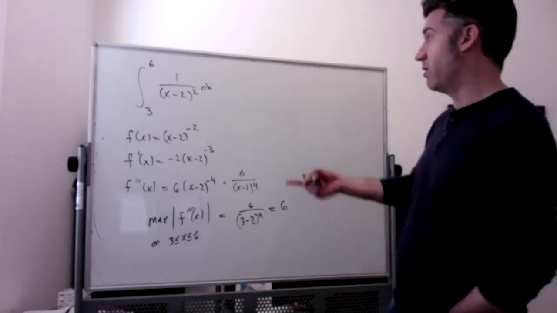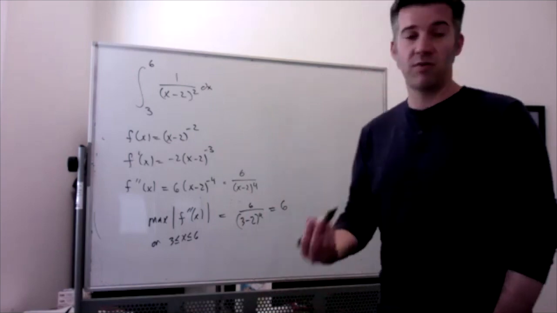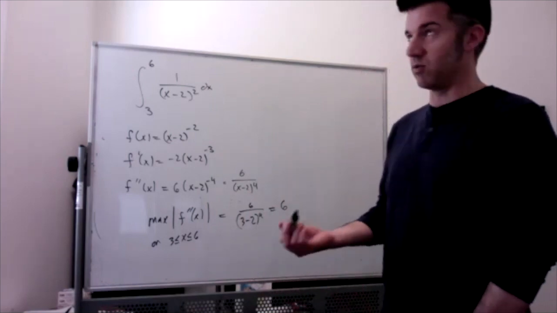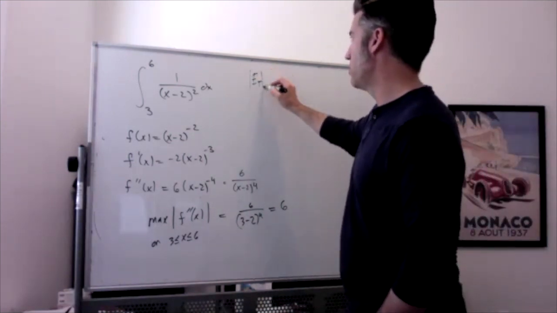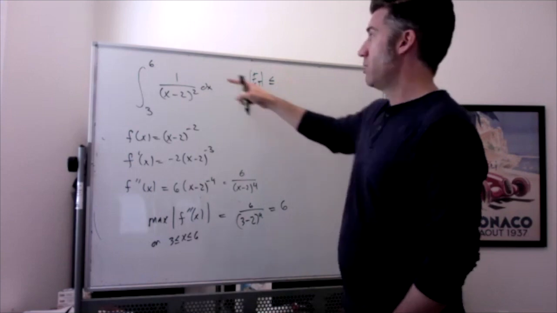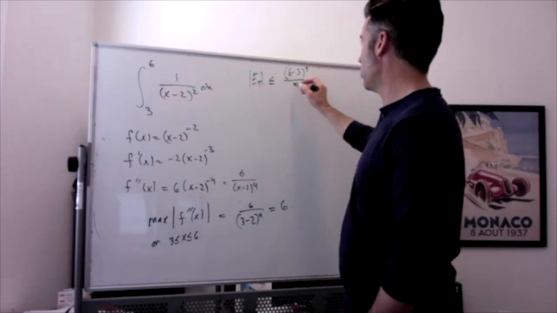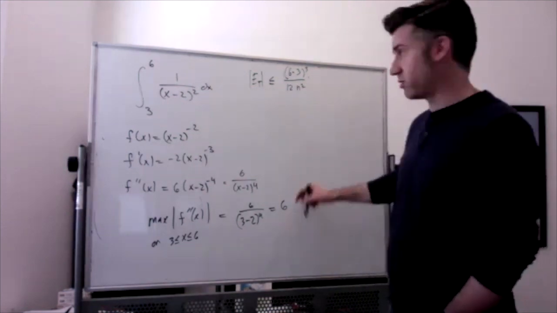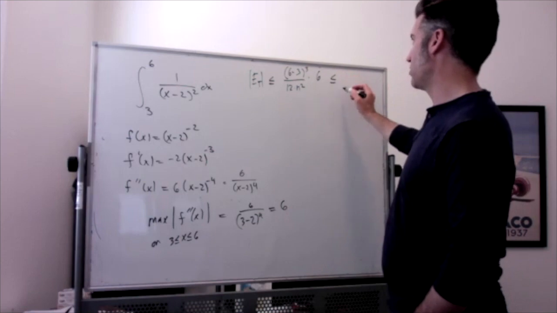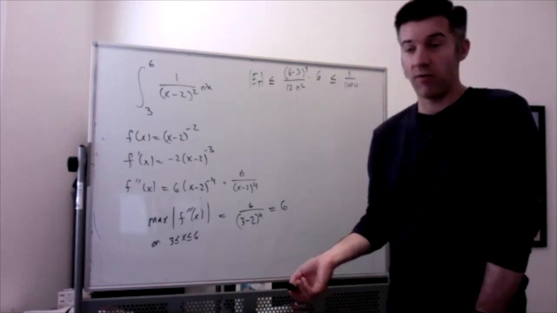And so then this function, if you wanted to say how big does n need to be so that the trapezoid method gives you an error less than 1/1000, well, the error of the trapezoid method is going to be less than or equal to b minus a cubed over 12 times n squared times the maximum of the second derivative. You want that to be less than or equal to 1/1000. And that's much easier to solve for n, right?